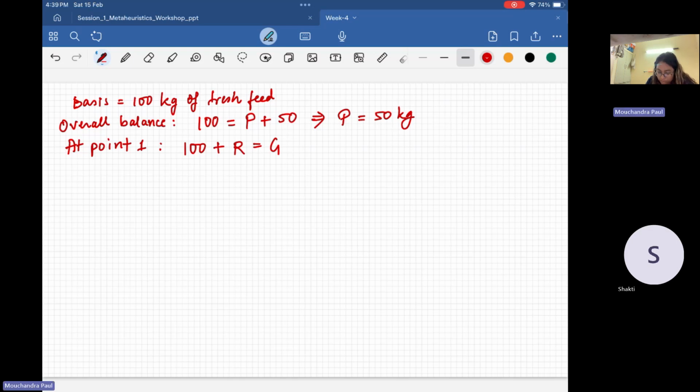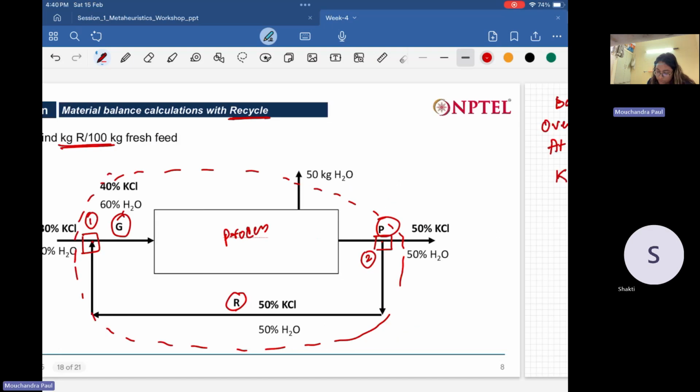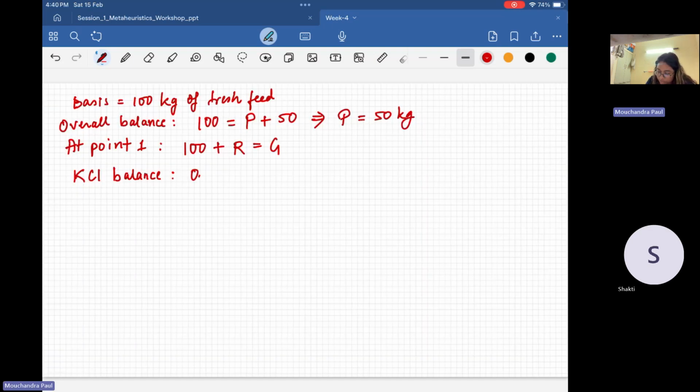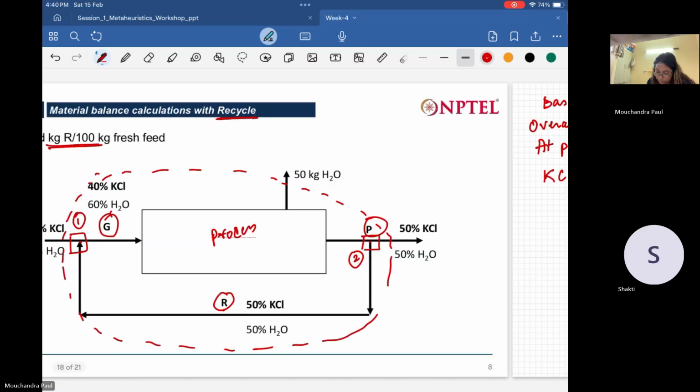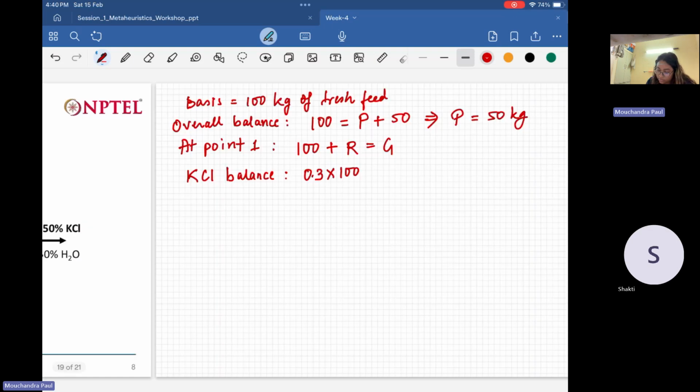If you do a balance equation for the component KCl, the KCl and water percentages are given here. For KCl, 30% of fresh feed is KCl, and in the recycle feed there is 50% KCl.